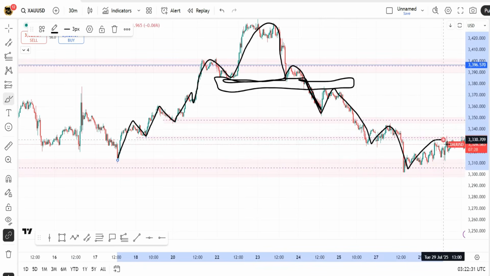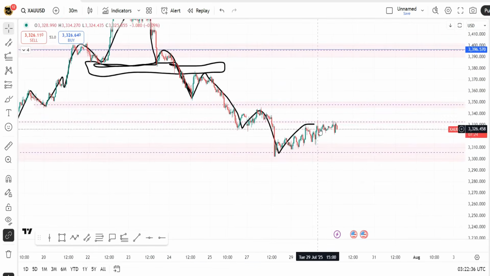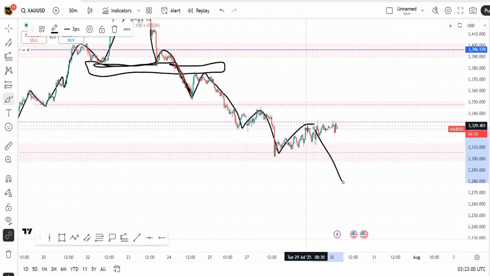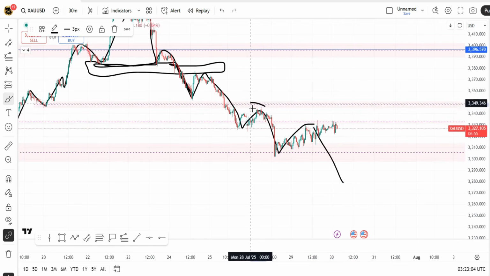So what it is telling us is that right now we are still in the downtrend. If you are looking for buying opportunities, you should be a little bit more precise, and keep in mind that anytime we may see the price movement go this way, until we get a closing above this area.